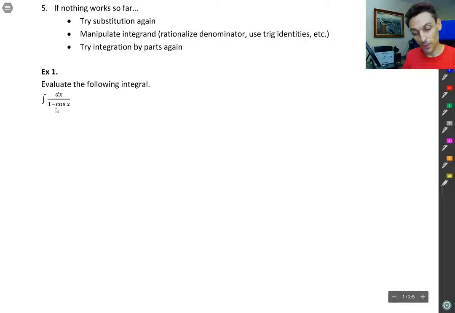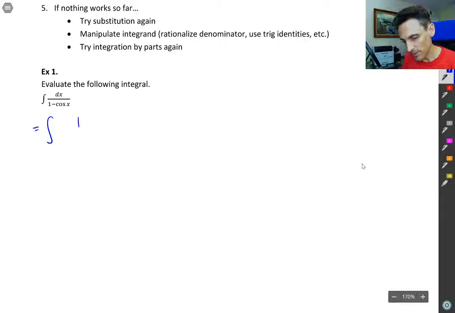In fact, if this were 1 minus cosine squared x, then the bottom would become sine squared x, and that would greatly simplify the radical. So how can we make this 1 minus cosine squared x? Well, we can multiply the top and the bottom of the fraction by 1 plus cosine x, by its conjugate, in other words.